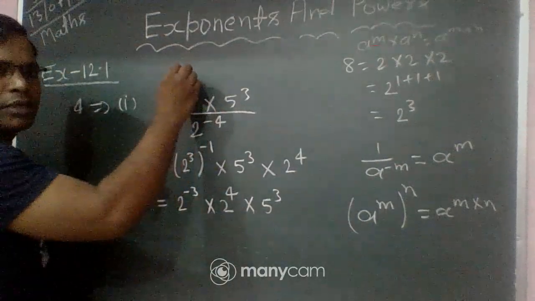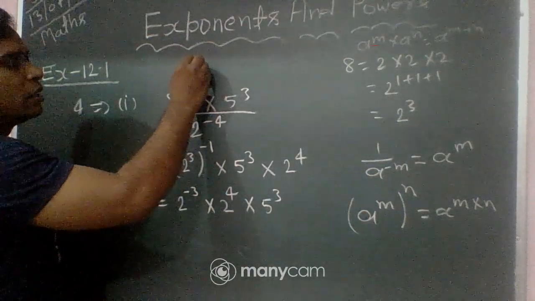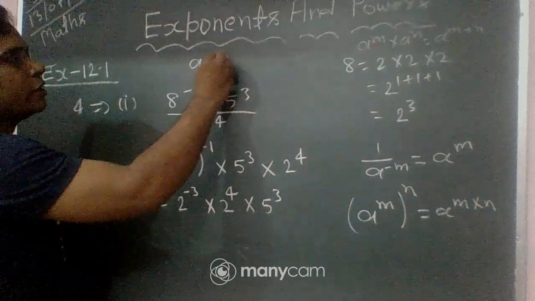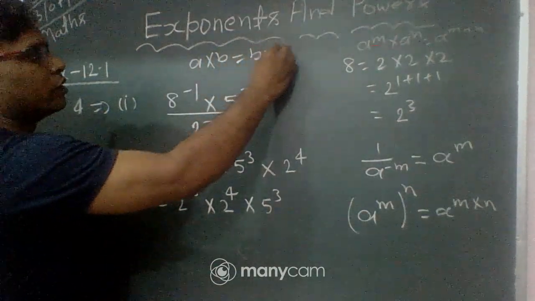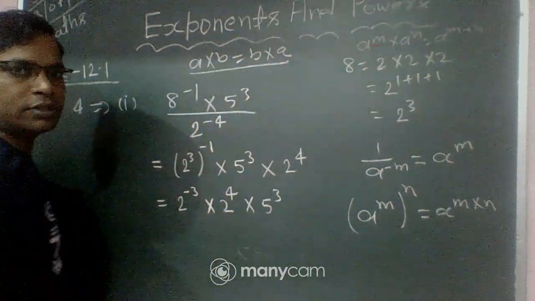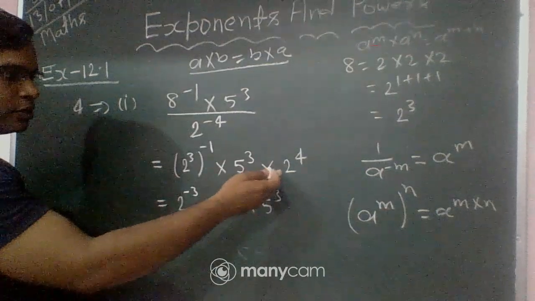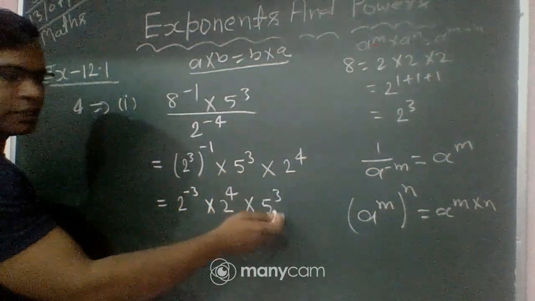You know the commutative rule: a into b is equal to b into a. So for this rule we can write it first, after this it.